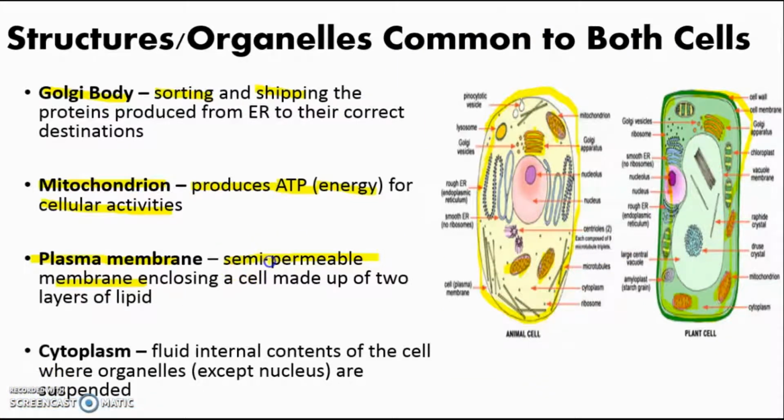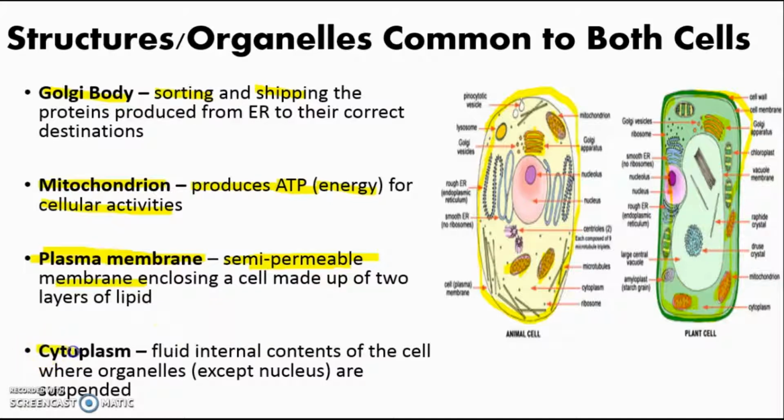It is semi-permeable because not all materials or chemicals can easily enter or leave the cell. The plasma membrane will select those chemicals or organic materials that can enter or go outside of the cell.